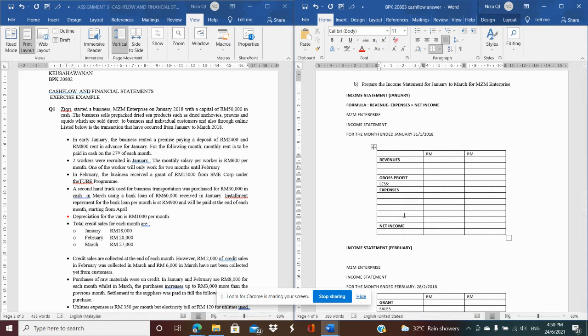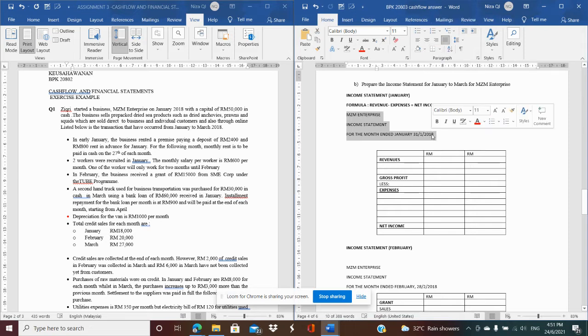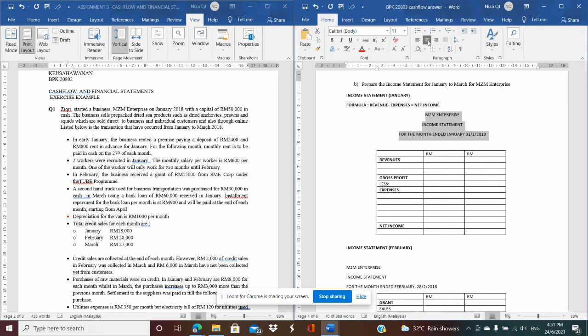In the exam, this format will not be given to you, so you have to draw or prepare the schedule by yourself.